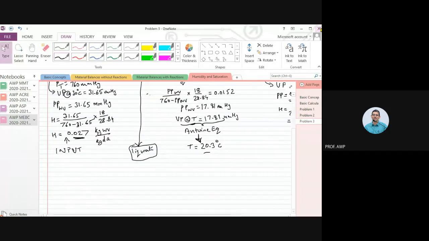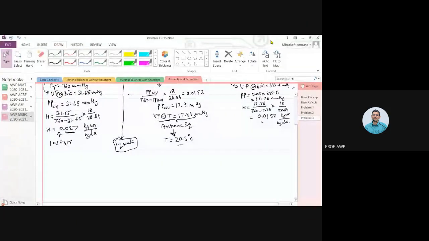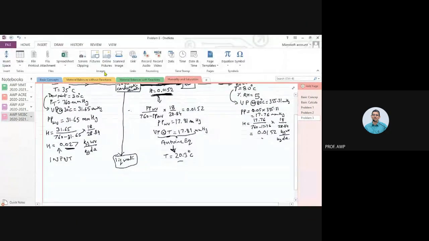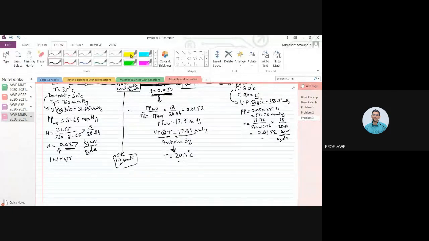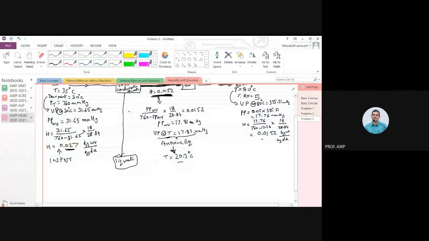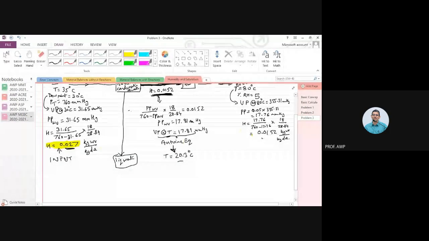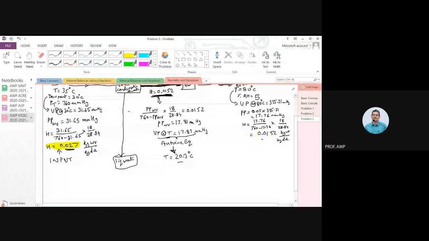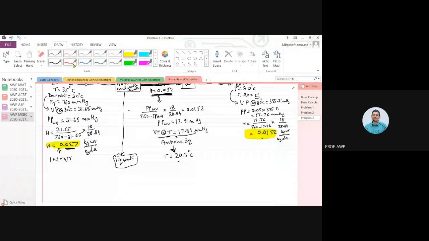So important point to realize is that the humidity of the incoming air, either in terms of moles or in terms of kgs per kg, is more than the required humidity coming out of the heater. That is the important point to realize.